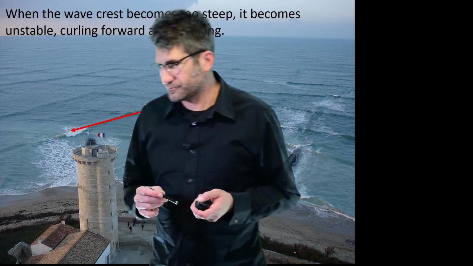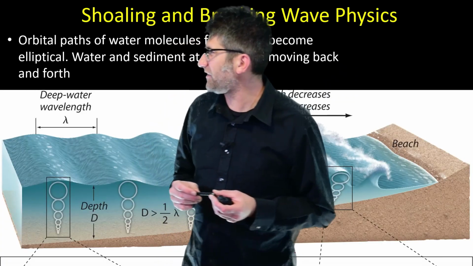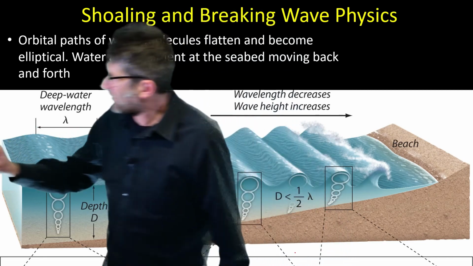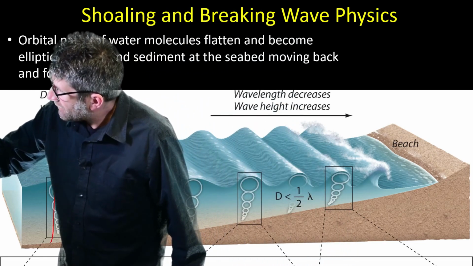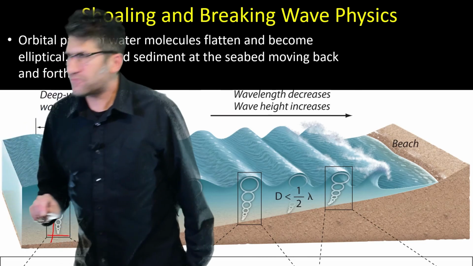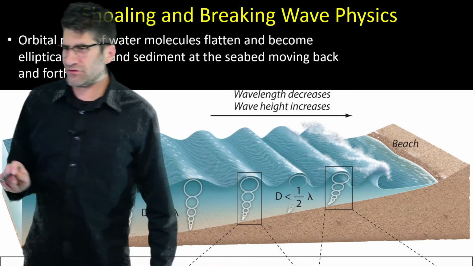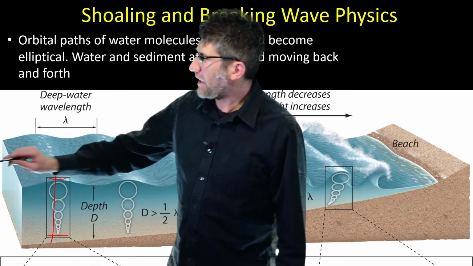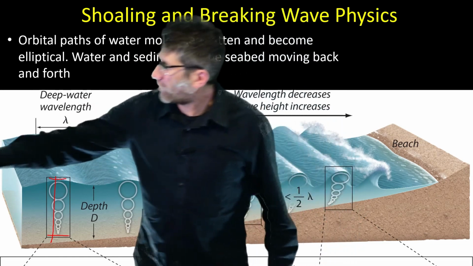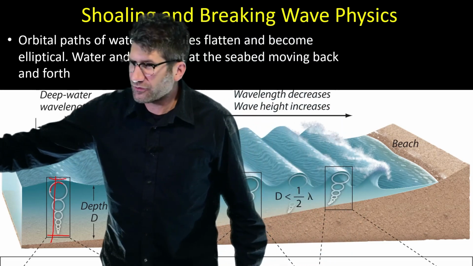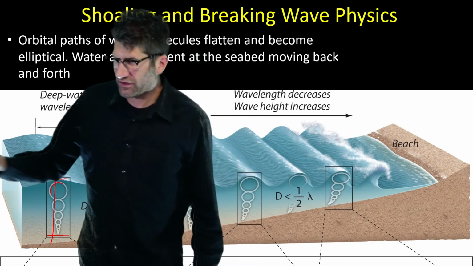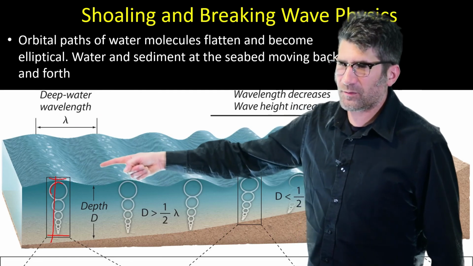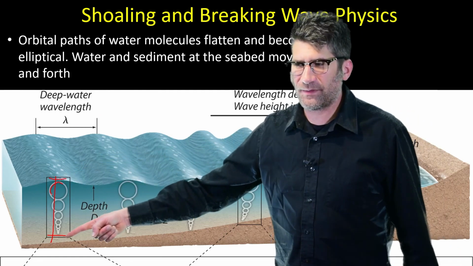Okay, let's look at some more details of this. That elliptical path that we identified here changes as you move from the open ocean onto the shoreline. This has to do with the depth of the water. When we're below the wave base, the water molecules at the top are moving at the same speed as the bottom.